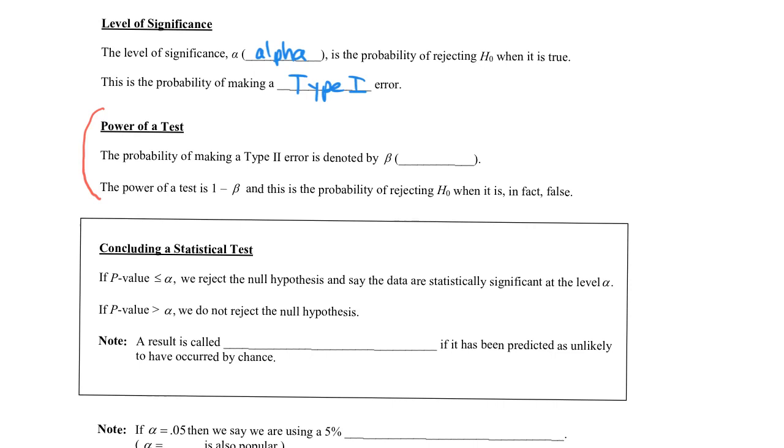So the probability of making a type 2 error is denoted by the Greek letter beta. And the power of a test is 1 minus beta. This is the probability of rejecting H naught when it is in fact false. In other words, that's a correct decision.